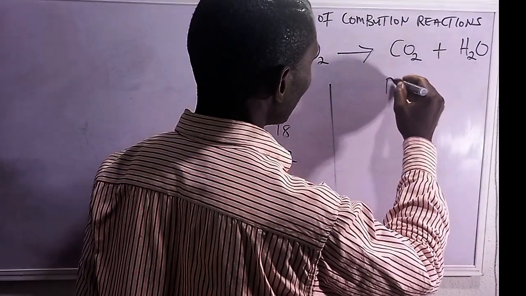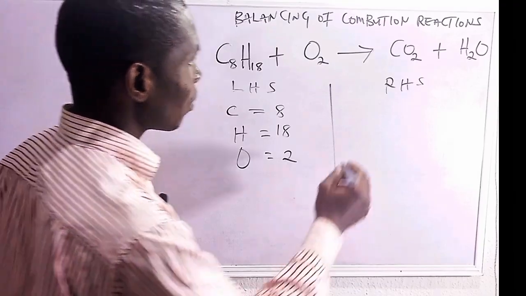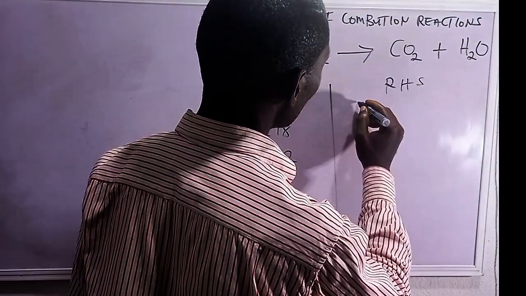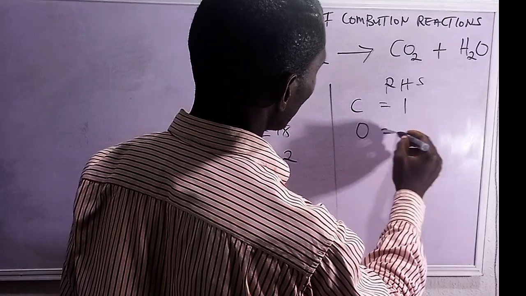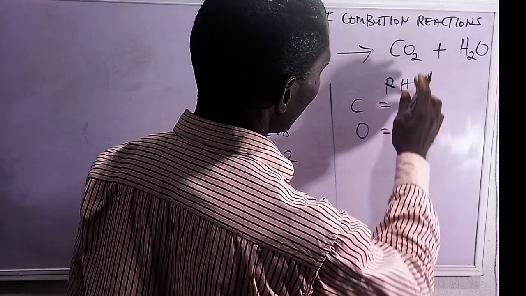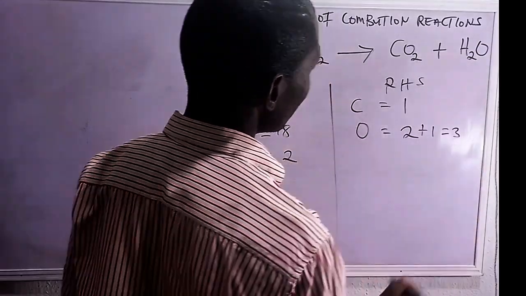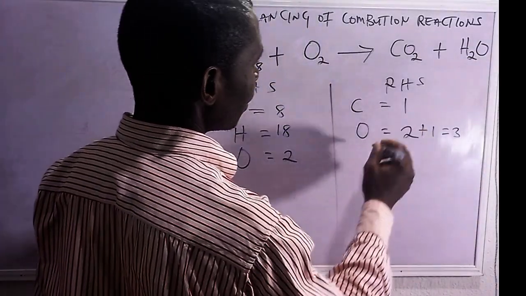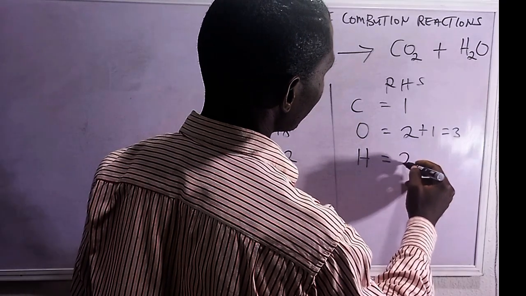While at the right hand side, the product side, we have just 1 carbon, 2 oxygen here plus 1 oxygen here. That gives us 3 oxygen. Then hydrogen, we have it as 2.